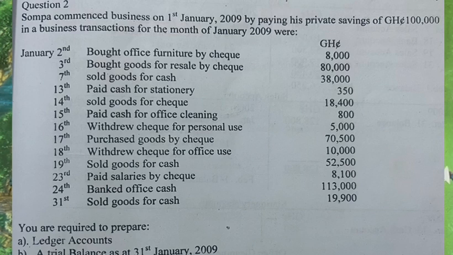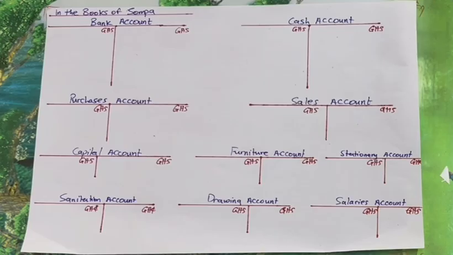Let's solve it. On the 1st, the owner introduced a capital of 100,000 into the business. He paid it from his private account.